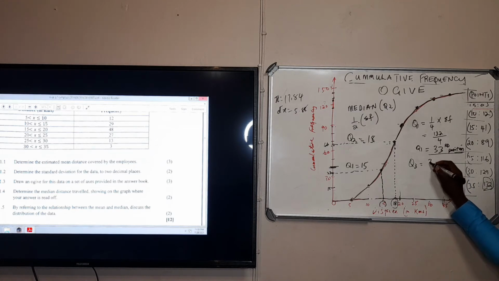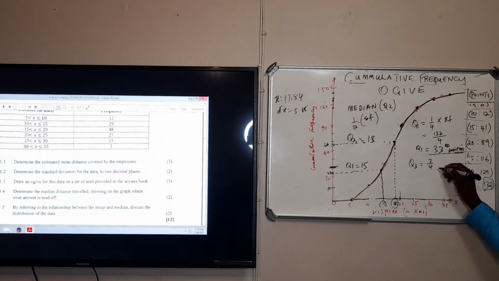So you say 3/4, which represents 75% in the data spread, upper quartile. So it's 3/4 times the same 132 to look for the position. So it's 3 over 4, shift 3.